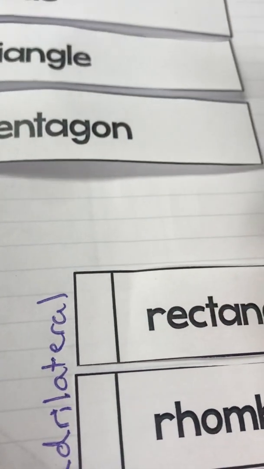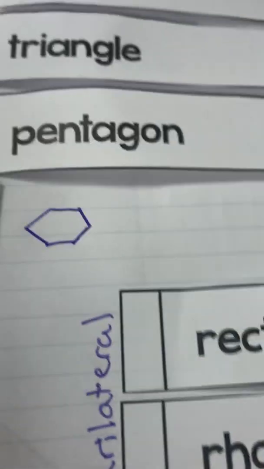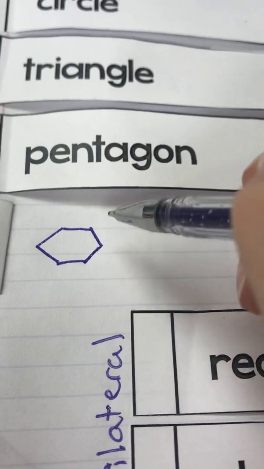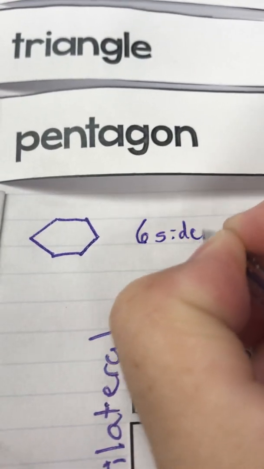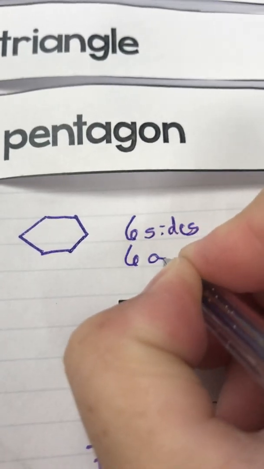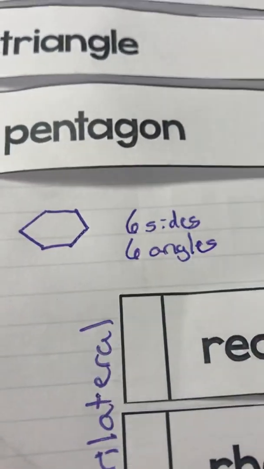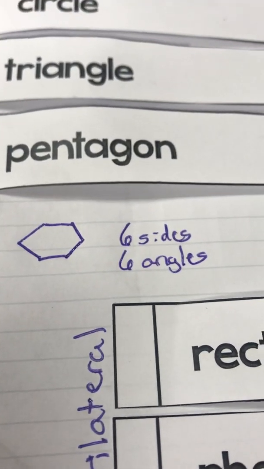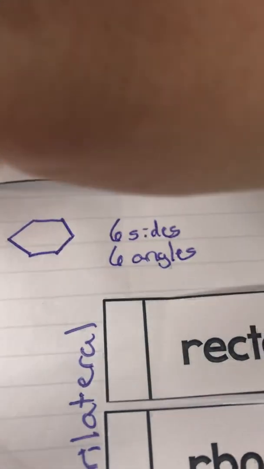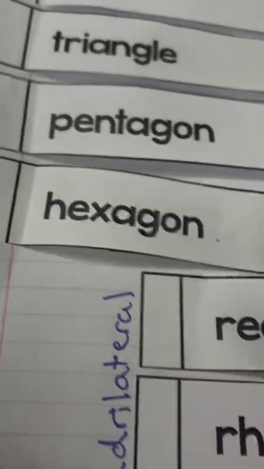So your 6-sided shape typically is going to look like this. Okay, something like that. 1, 2, 3, 4, 5, 6 sides. And 6 angles. If you can remember, 6 has an X and hexa has an X, then we can remember a hexagon is the 6-sided polygon. Okay?